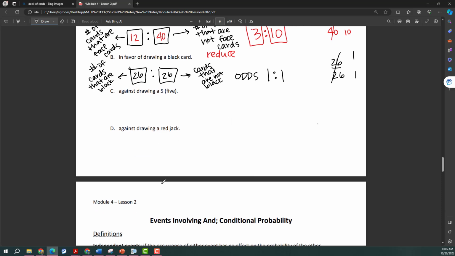All right, now we're going to work backwards. We're going to have against. So we just switch the sides whenever it's against. So against drawing a 5. So these are the cards that are not 5s. And these are the cards that are 5s. So we know that there's 4 cards that are 5s.